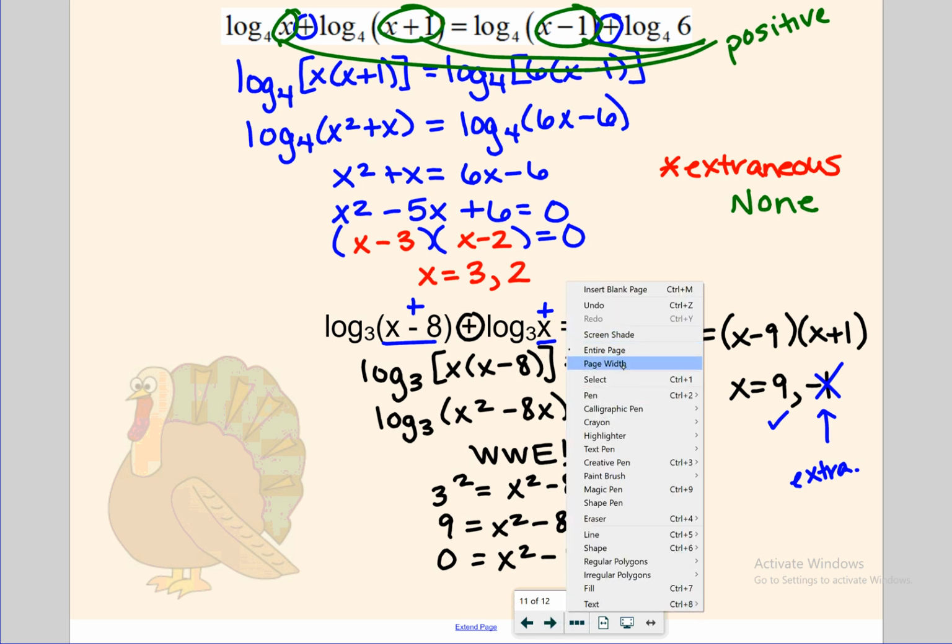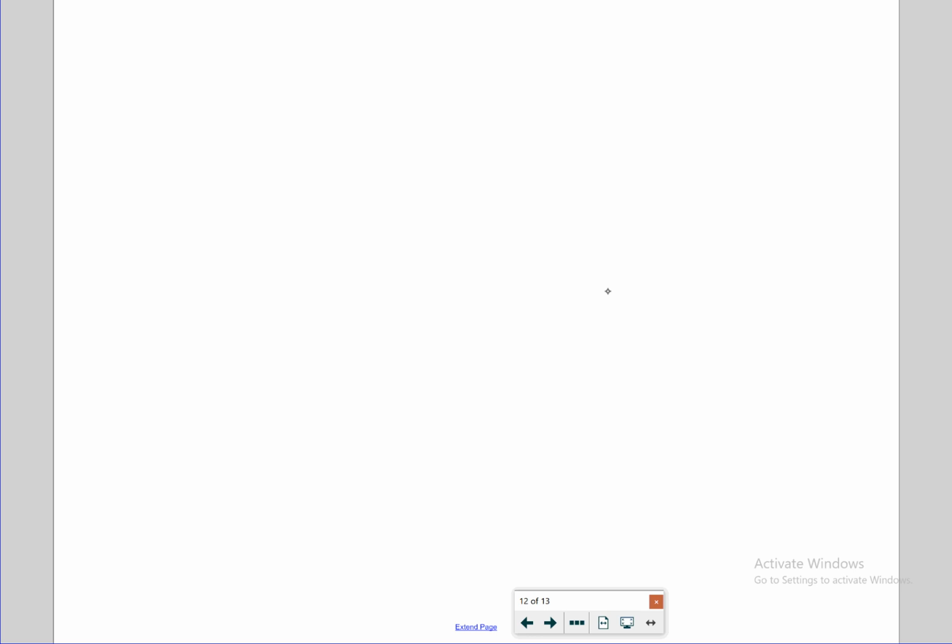All right, let's try log base 2 of 3x minus 2 minus log base 2 of 5x minus 1 equals 3. That's fine. Okay, last one.